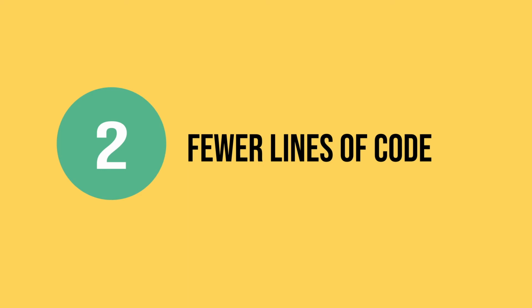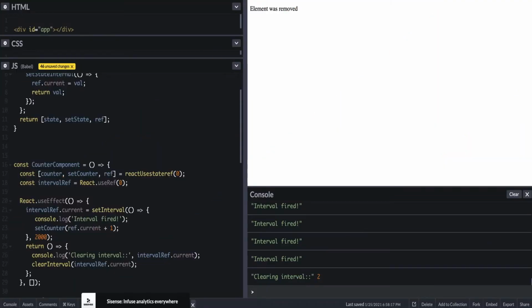Next benefit, hooks result in fewer lines of code. While we're at it, this is also a very good opportunity to show you that in general, React hooks will result in fewer lines of code. Here's the class component, if you don't remember.